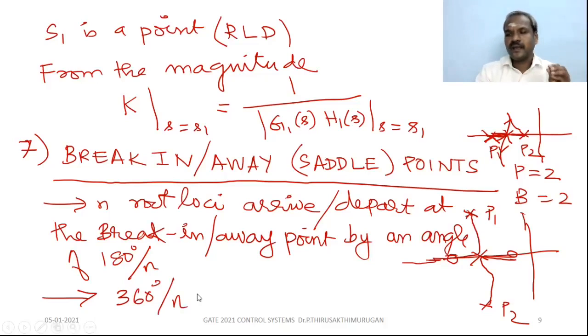If en route loci depart at the breakaway point by an angle of 360 degree, whether arrive or depart by 360 degree, whereas en route loci arrive or depart, both arrive or depart in breakaway or break-in point, so they are called the break-in or breakaway point is 180 degree. The en route loci arrive at the break-in point by the angle of 360 by n apart. En route loci depart at the breakaway point by an angle of also 360 degree by n.